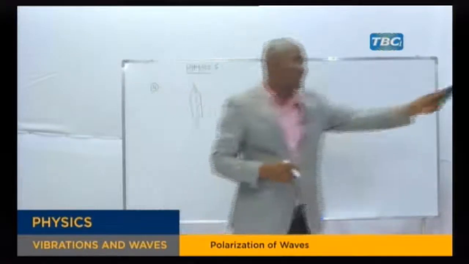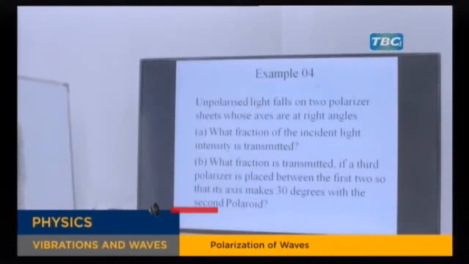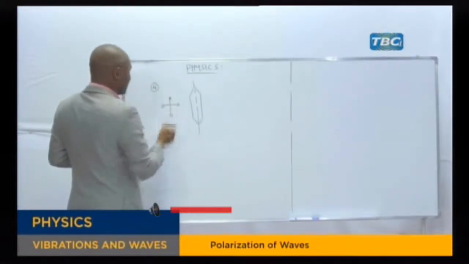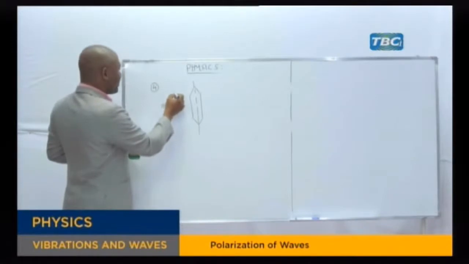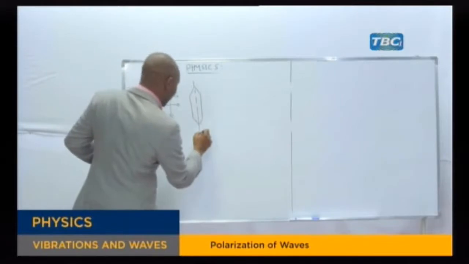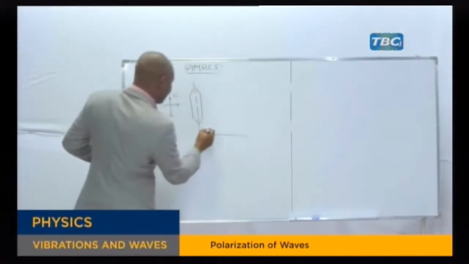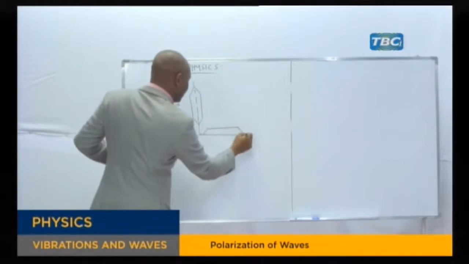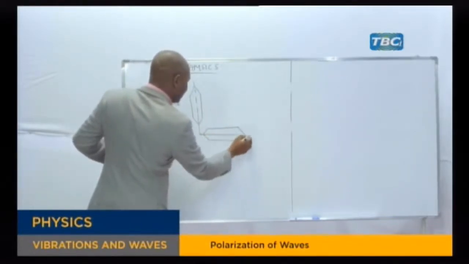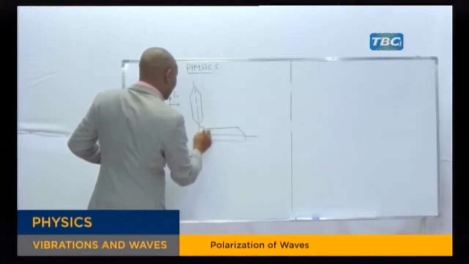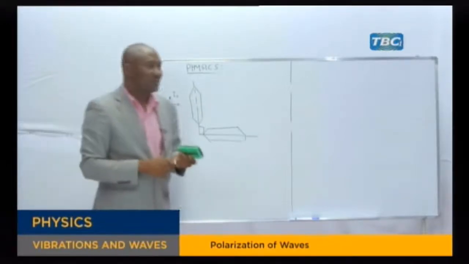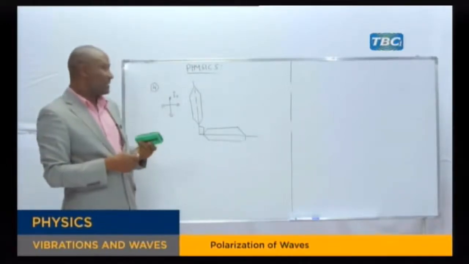Since it's unpolarized light falling on them, it should be in the form of vertical and horizontal vibrations like that, with intensity I naught. And the two axes are at right angles here. This is 90. What fraction of the incident light intensity is transmitted?